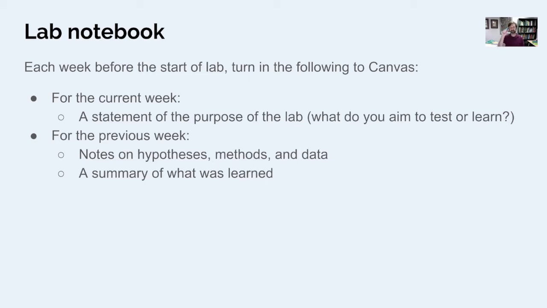And then also a lot about your previous week: recording your data, notes about how things went, whether you had hypotheses that you evaluated or prepared to evaluate. And then in the summary of the previous week, a brief summary paragraph, a few sentences about what you really learned in the previous week.